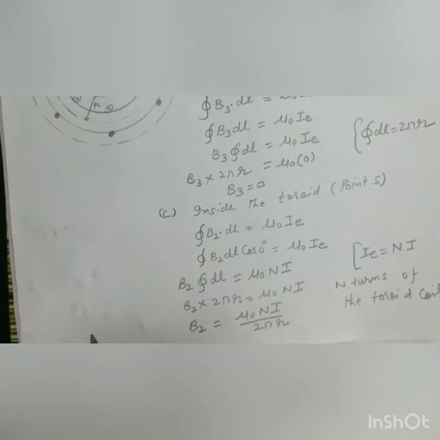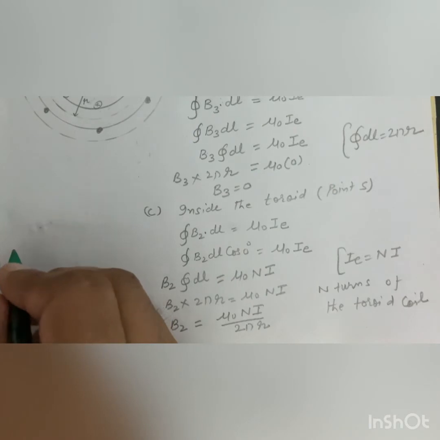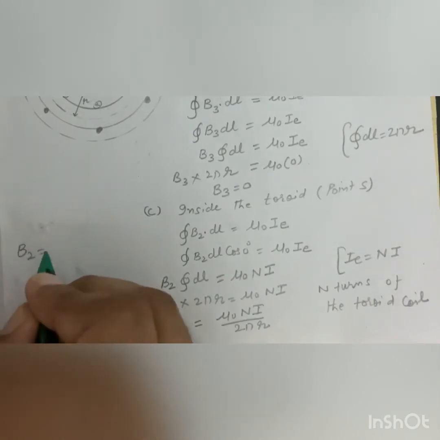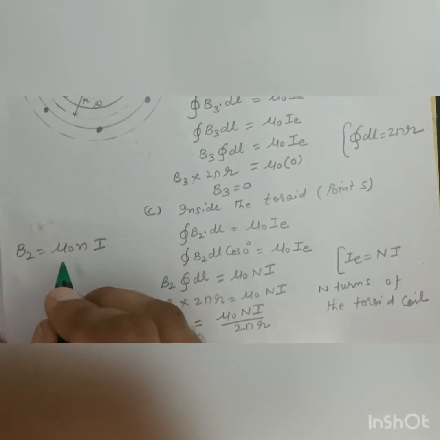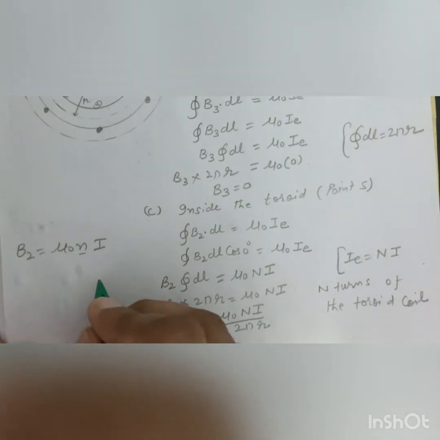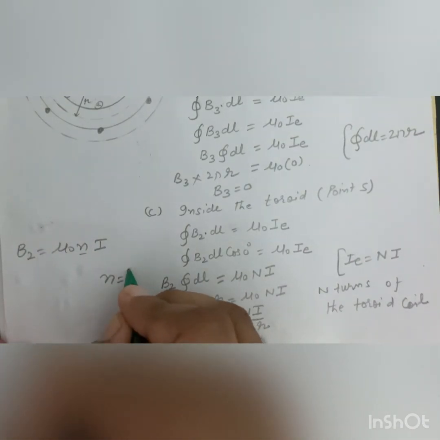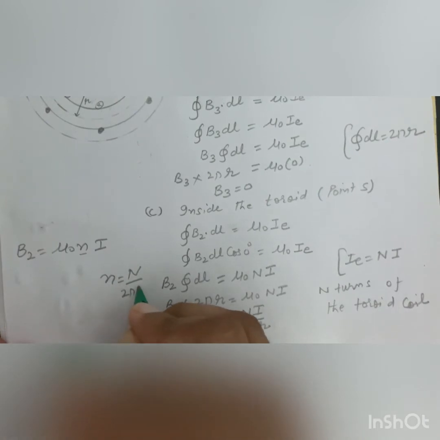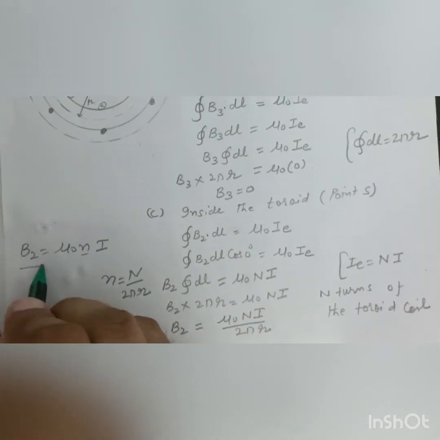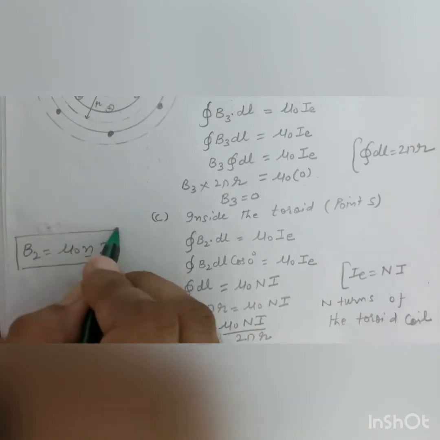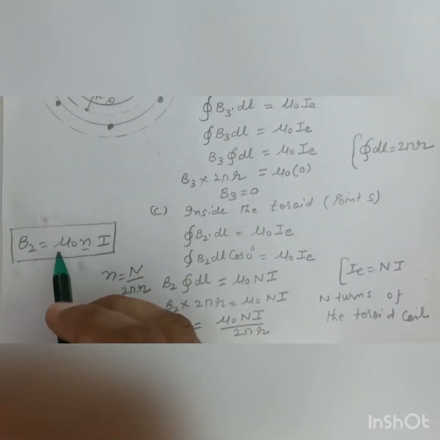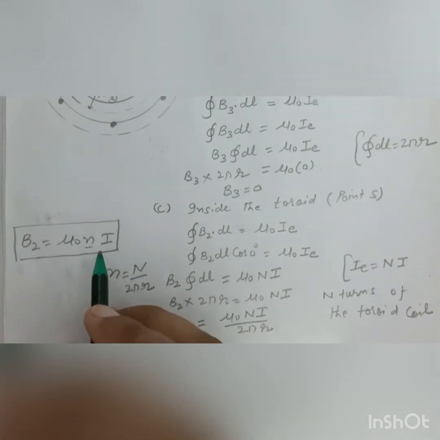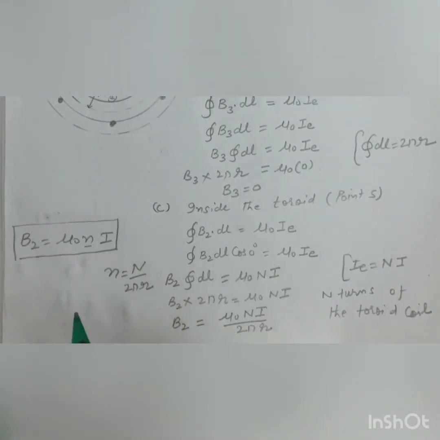We can also write it like this: B2 equals mu naught n i, where n is the number of turns per unit length, n equals N over 2 pi r. So this is the magnetic field inside the toroid, and it is constant, as mu naught is constant, N is constant, and I is constant.